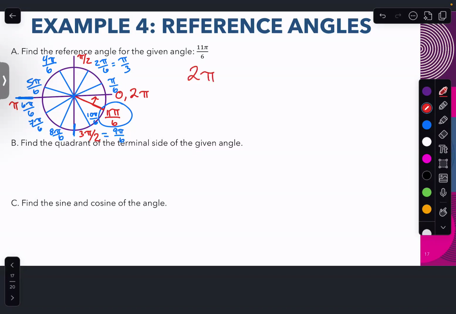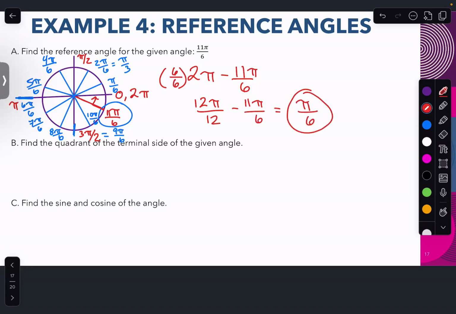So I can take 2 pi and subtract 11/6. I really need to simplify, or I need to get a common denominator. So I'm going to multiply this one by 6 over 6. That'll give me 12 pi over 6 minus 11 pi over 6, which will give me pi over 6. So there's my reference angle.